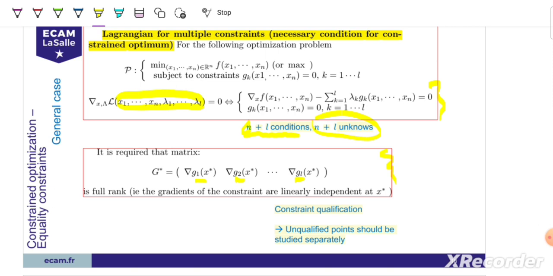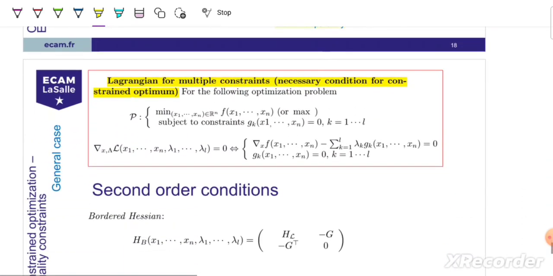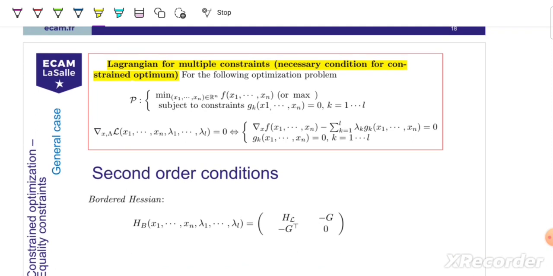If ever you've got something that is unqualified, you should study it separately. Most of the time we're going to stop there and look at the values we obtain for our functions to find out whether we've got a minimum or maximum, and compare them. But if we really want, we can go up to second order conditions, which are exactly the same, except that now the border is exactly all the gradients of my constraints.